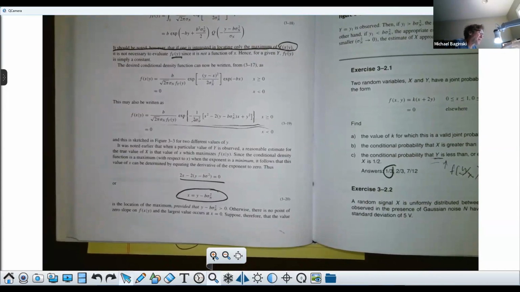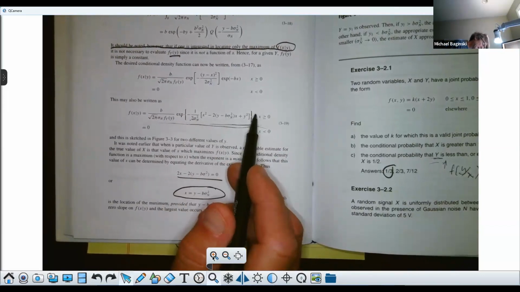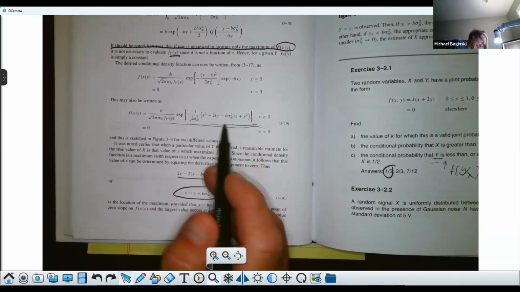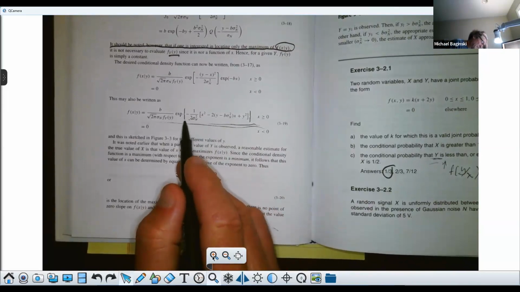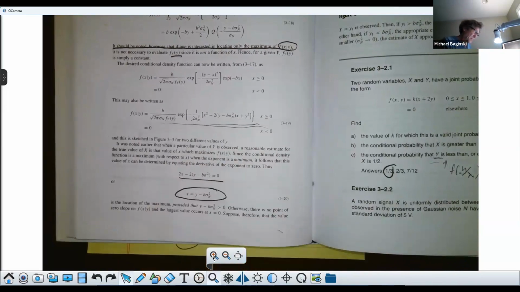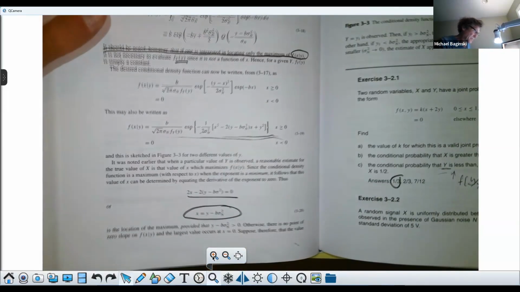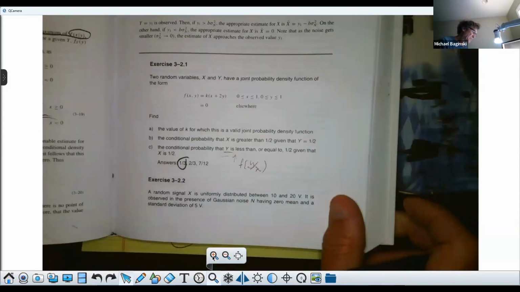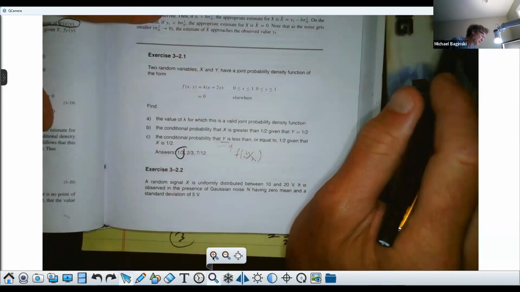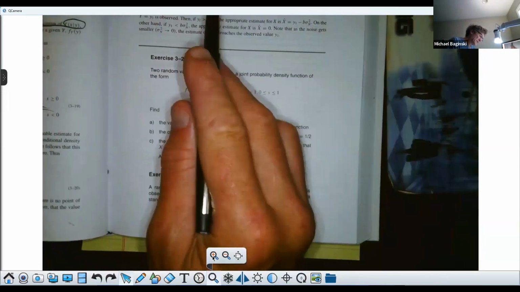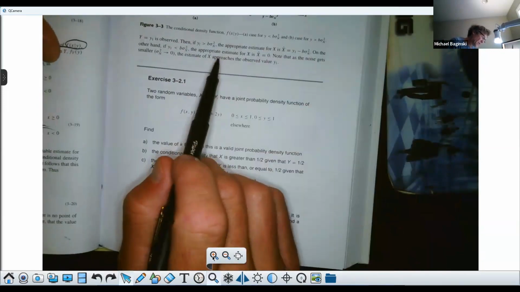Now, if you have some other kind of functional form, then you have to take a derivative. But if everything boils down to an exponential inside there and you want to maximize it, and it's got a negative sign here, all this stuff strictly positive, then you just set it equal to 0. That's how he does it. He shows you some things that are important to at least appreciate. He's showing the density function f of x given y.